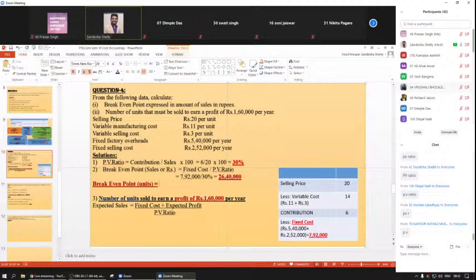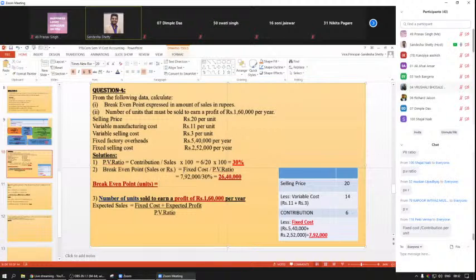In that case, your formula would be different. Yes, of course, correct, Pinky.